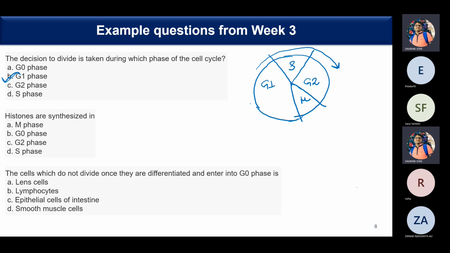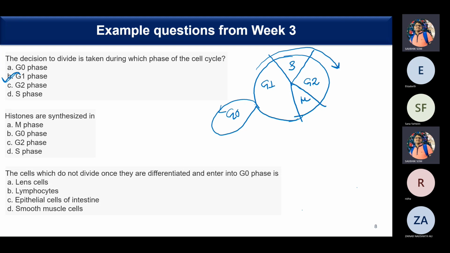And there will be another loop here, which will be the G0 phase. Correct? Histones are synthesized in... Now, histone is a kind of protein. It's a very interesting protein.